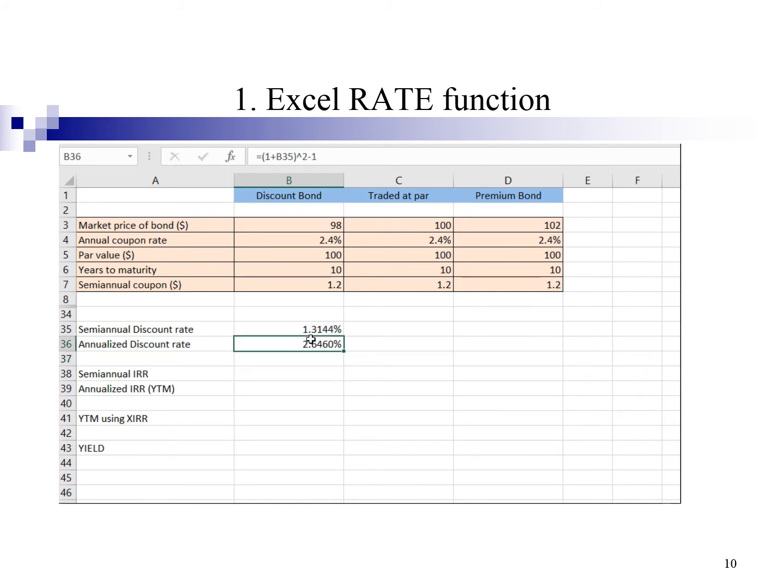And this is the annual discount rate for the discount bond. I can drag the answer across. And we have the rest of the answer for the second bond and the third bond.